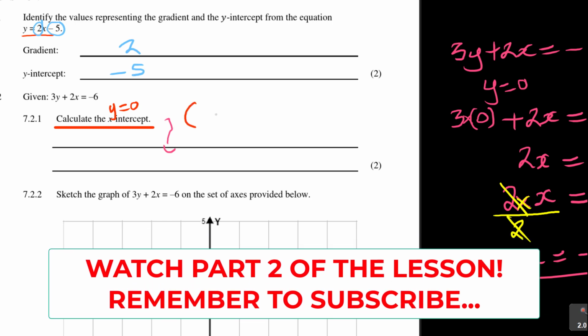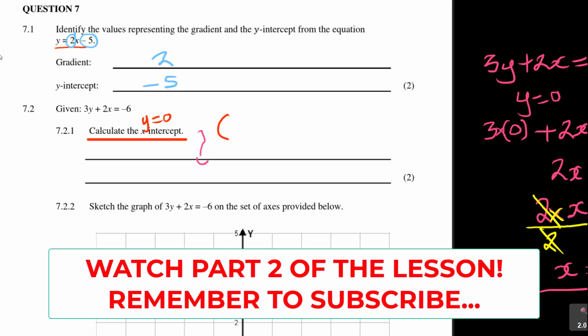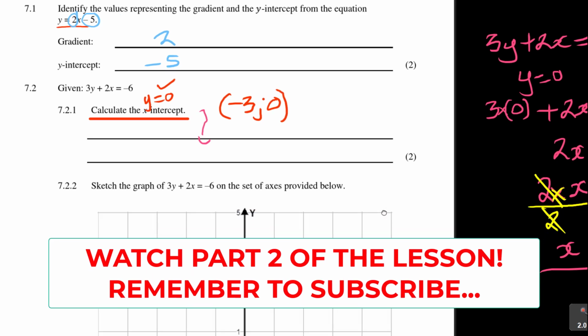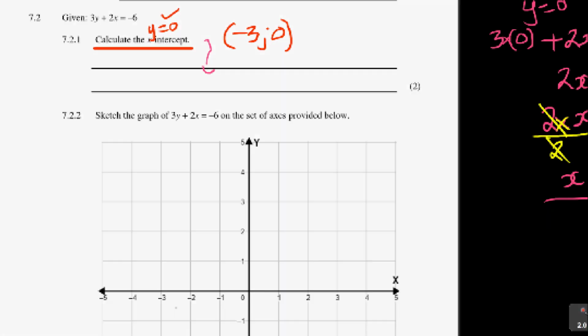Here we got x is equal to minus 3, meaning when x is minus 3, what is y? We know y is equal to 0. So it was easy for us to come here and say, okay, let's look for the point minus 3, 0. You come here and you say, okay, there it is, that point minus 3, 0.